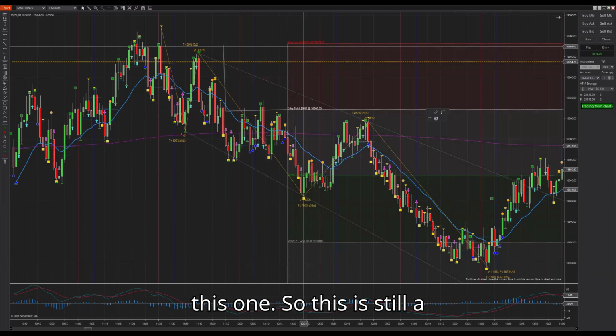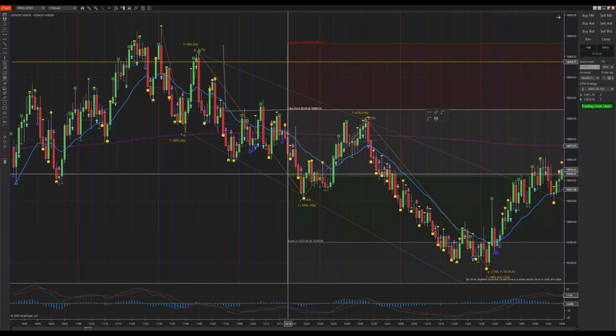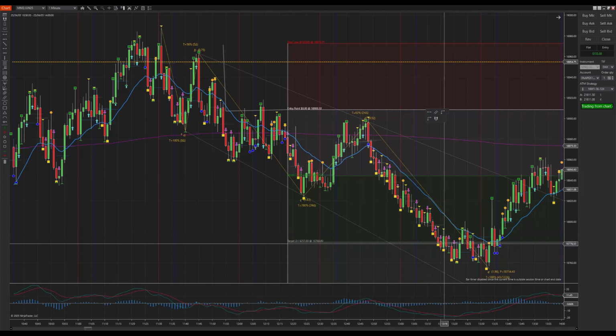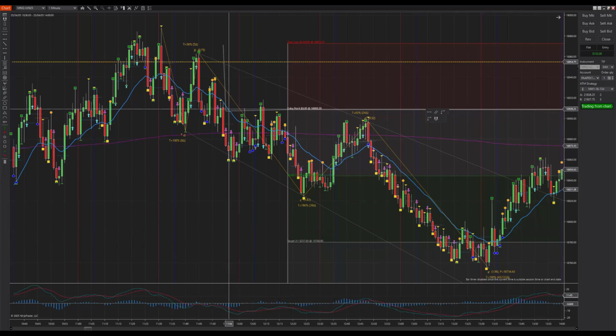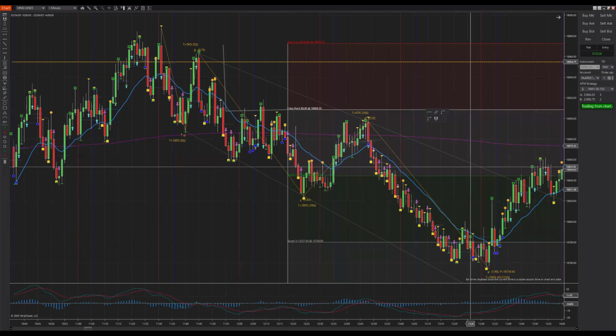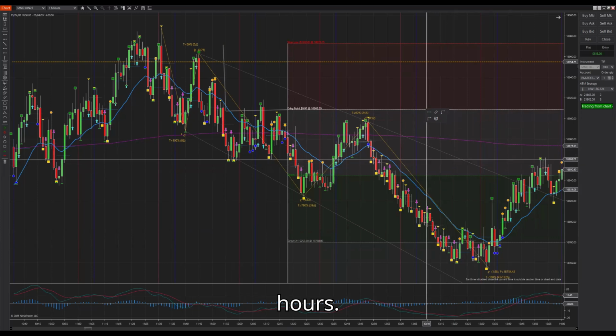This one, so this is still a huge stop, but it made a 1 or 2 hour trade. You entered around 11:55 or anywhere here, 12 to 1:30, so almost 2 hours.